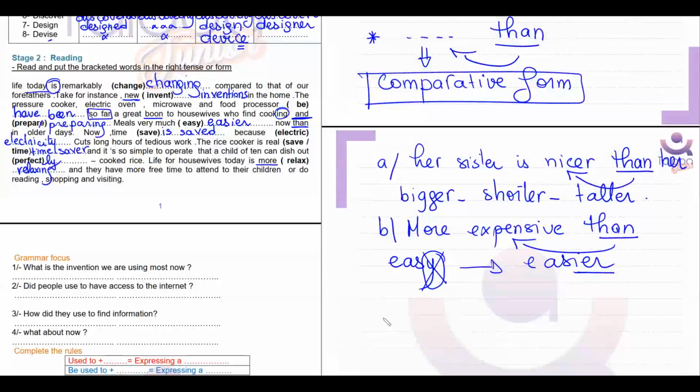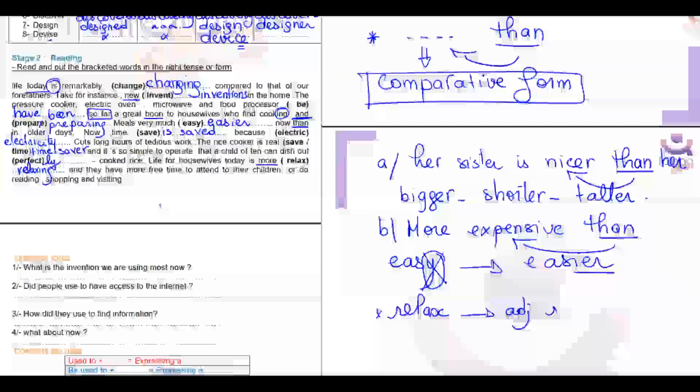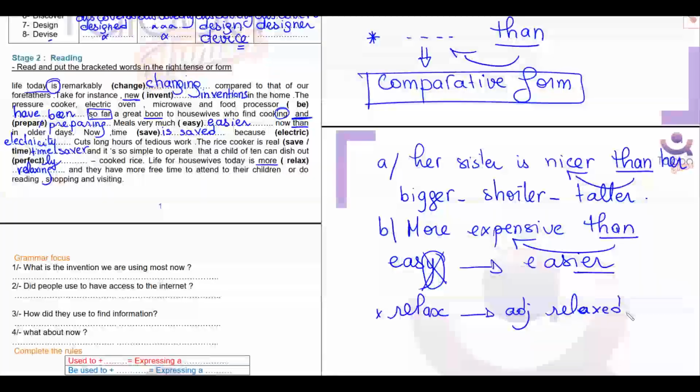If you take the verb relax now, we can get two adjectives. Adjective number one is relaxed. And we can also find another adjective, which is relaxing. Now, what is the difference between both of them?